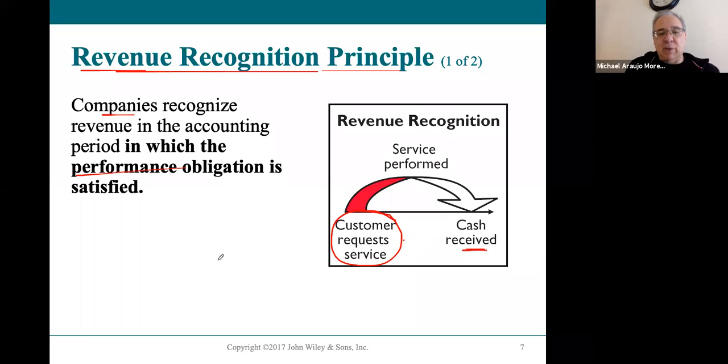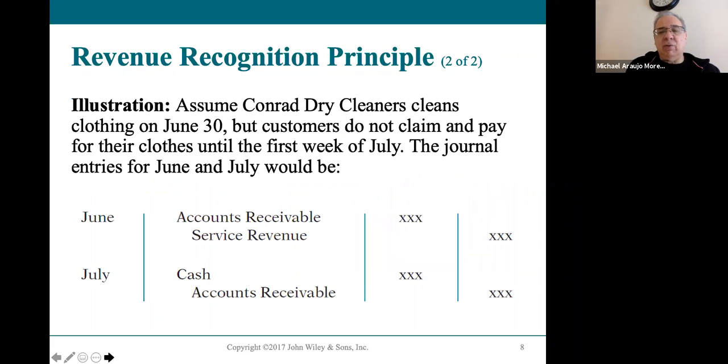And this is what you are learning. That's different than another company who doesn't use GAAP or the accrual basis for accounting, and I'll tell you about that in a moment. So here's an illustration. We have a dry cleaner who cleaned clothes on June 30th, but the customers aren't picking their clothes up until July.